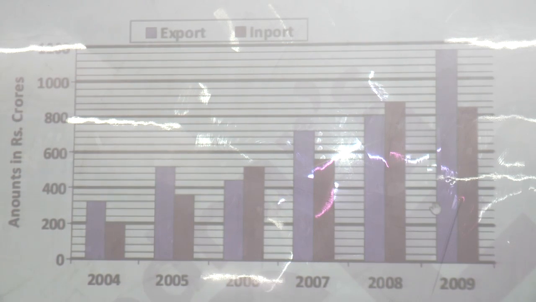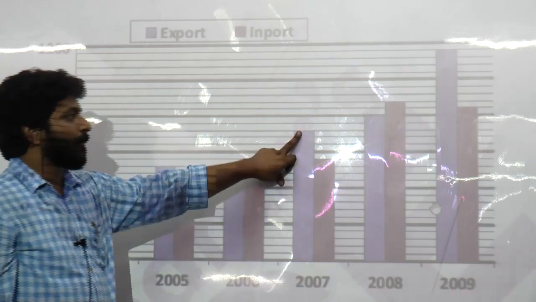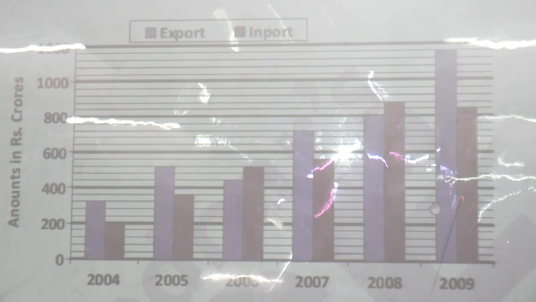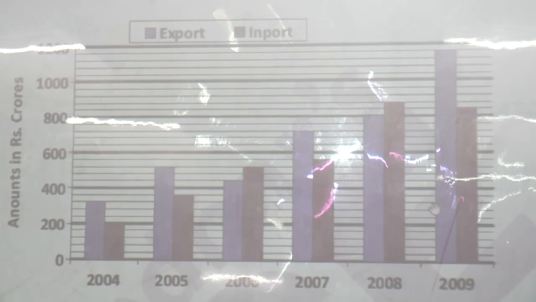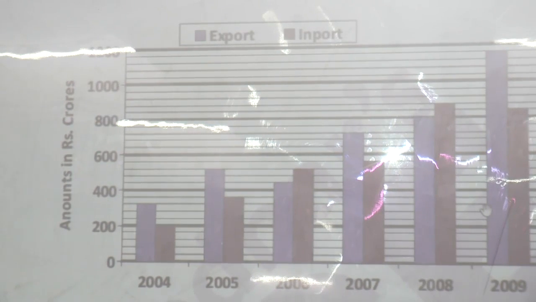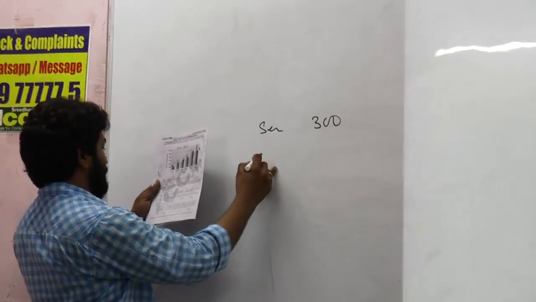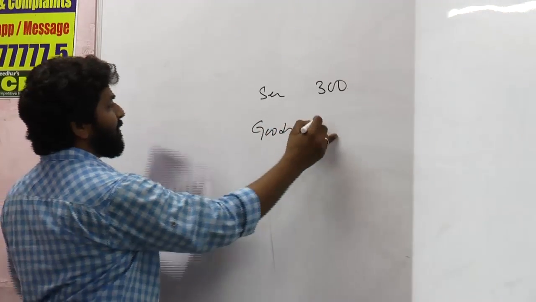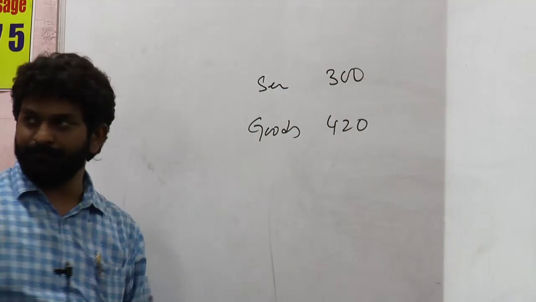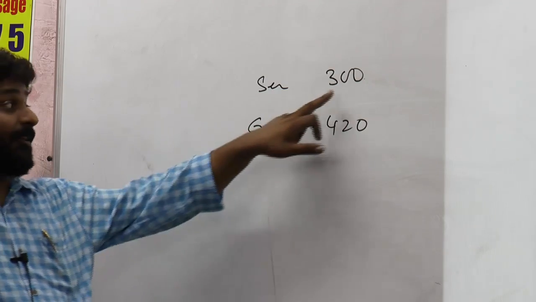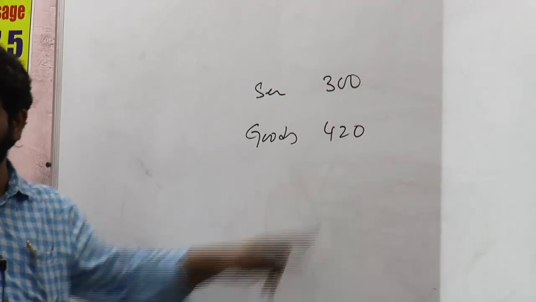Right. In 2007, how much total export we have? 720. Out of 720, services is given as 300, so goods becomes 420. What is ratio here? 5 times 60, 7 times 60.